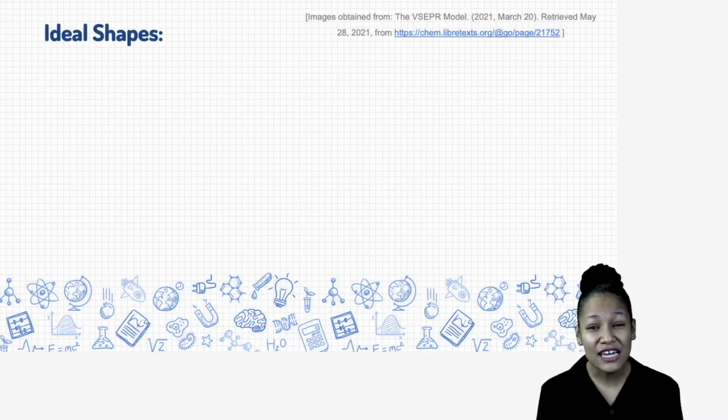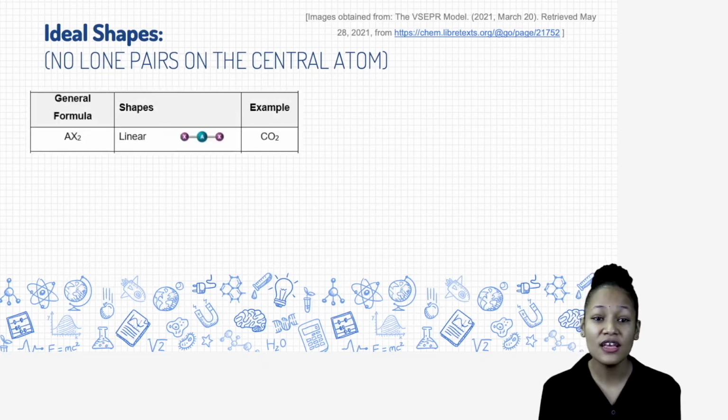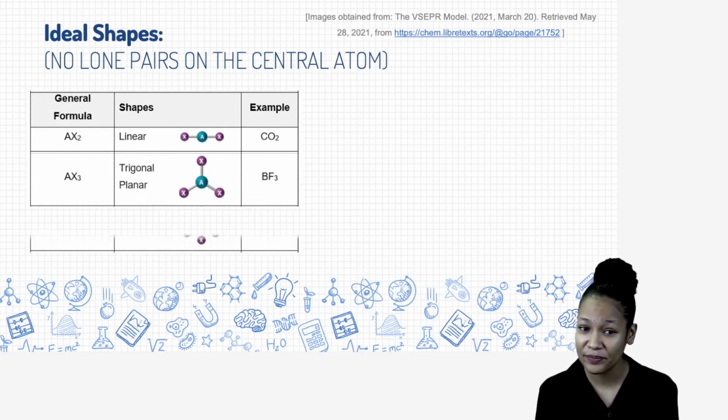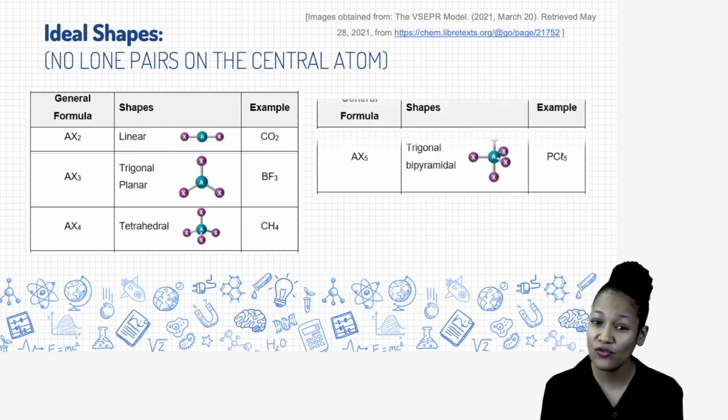We can distinguish between ideal shapes and non-ideal shapes. Ideal shapes are those where there are no lone pairs on the central atom. These include the linear shape, which has the general formula AX2. We have trigonal planar, which is represented as AX3. There is tetrahedral, which is AX4.